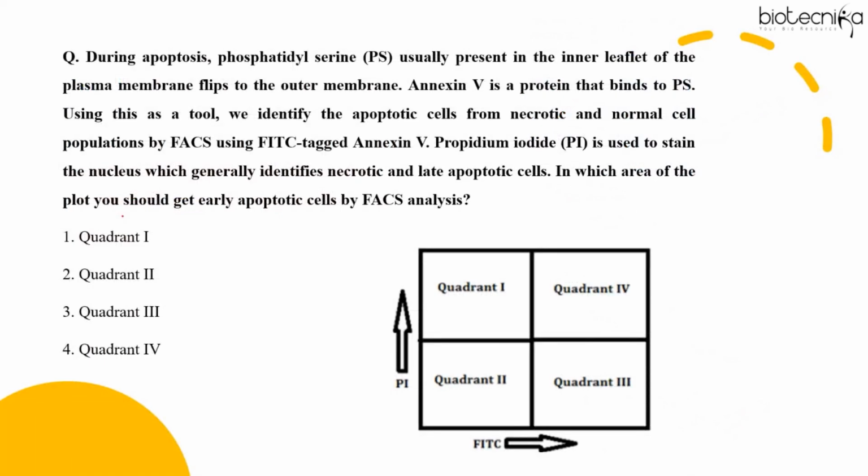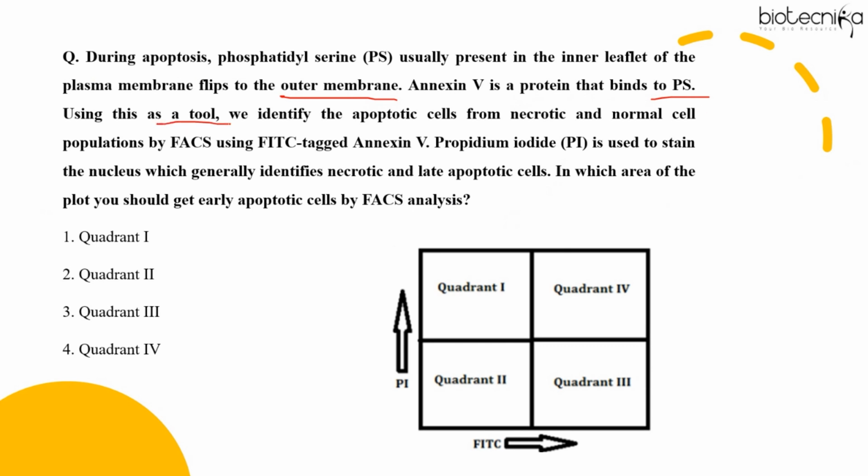Now moving over to another question. This question is from flow cytometry. During apoptosis, phosphatidylserine, usually present in the inner leaflet of the plasma membrane, flips to the outer membrane. Annexin 5 is a protein that binds to phosphatidylserine.